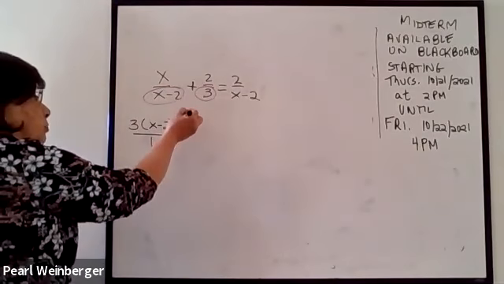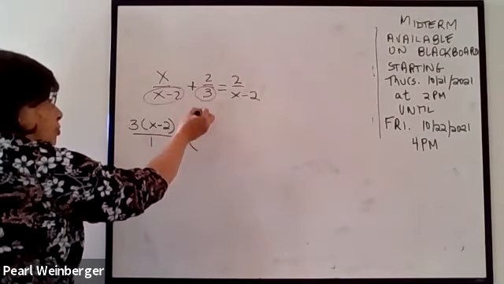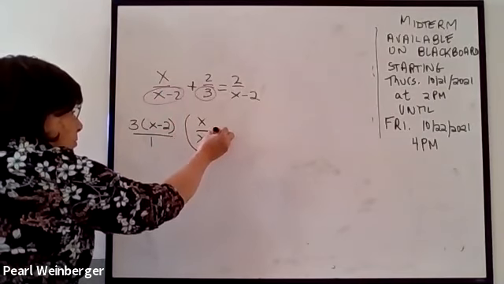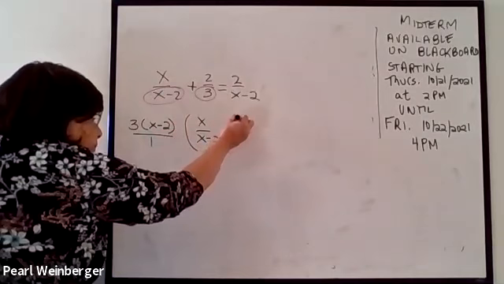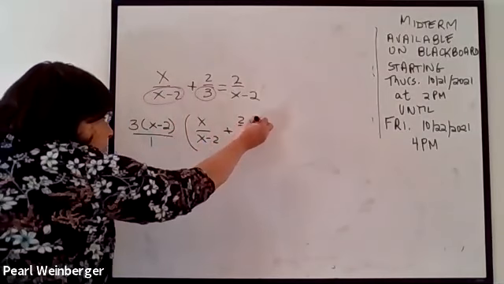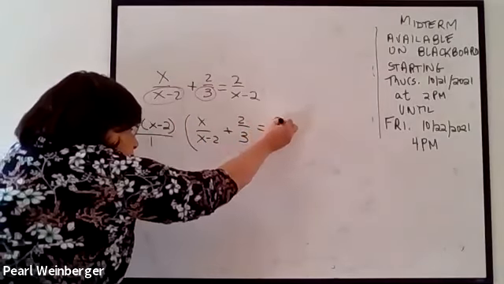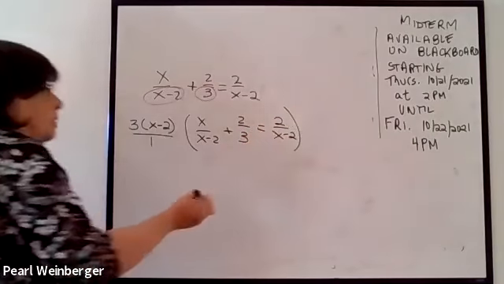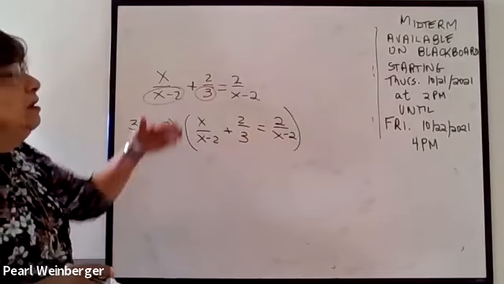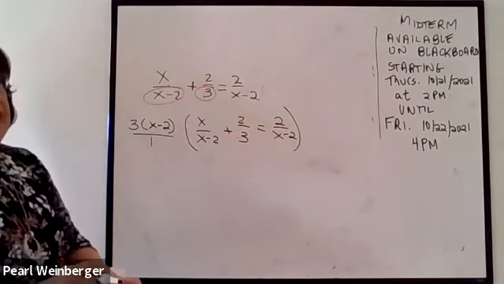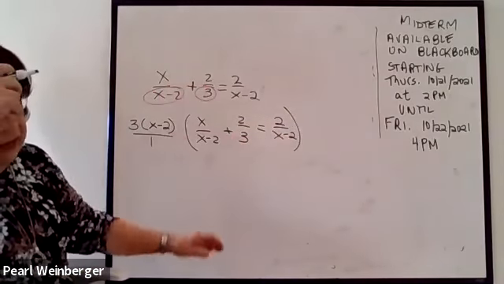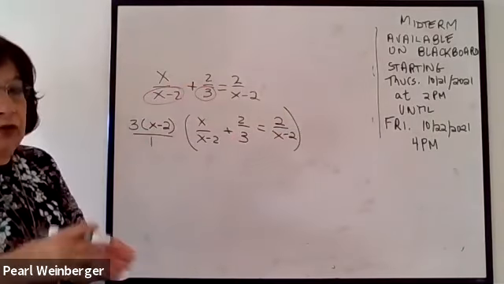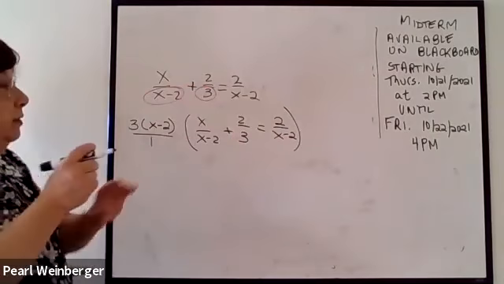I'm going to use this to multiply through the whole equation. And I know it takes a lot of writing, but if you write it and you give yourself space, you're more likely to get the problem right than if you try to do too much in your head.